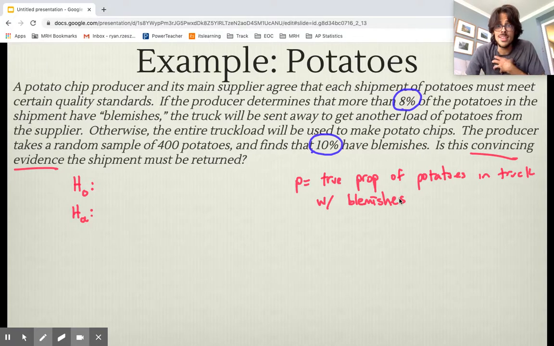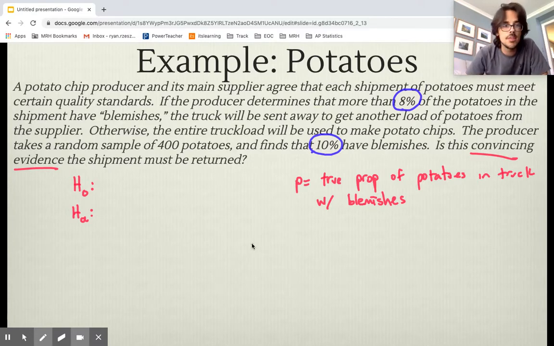And I am the inspector in this truck. I'm going to let the truck in unless I see, hey, this truck is bad. The status quo for this problem is come on in, truck. We're going to let you come in and just drop off your potatoes unless you're a bad truck. Then we send you away.